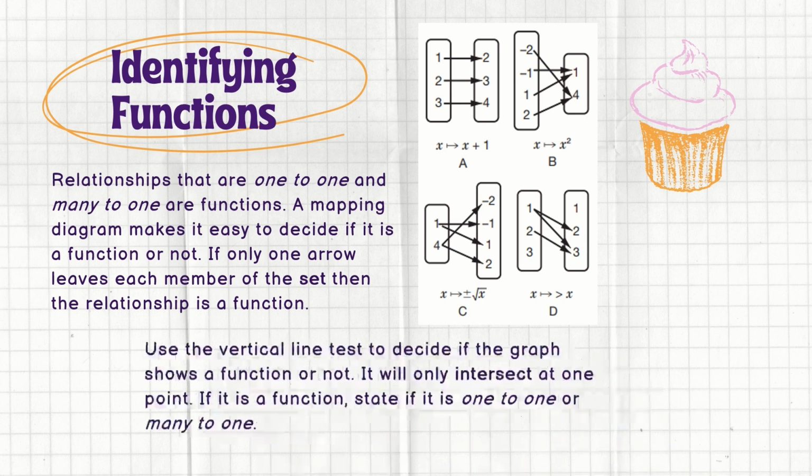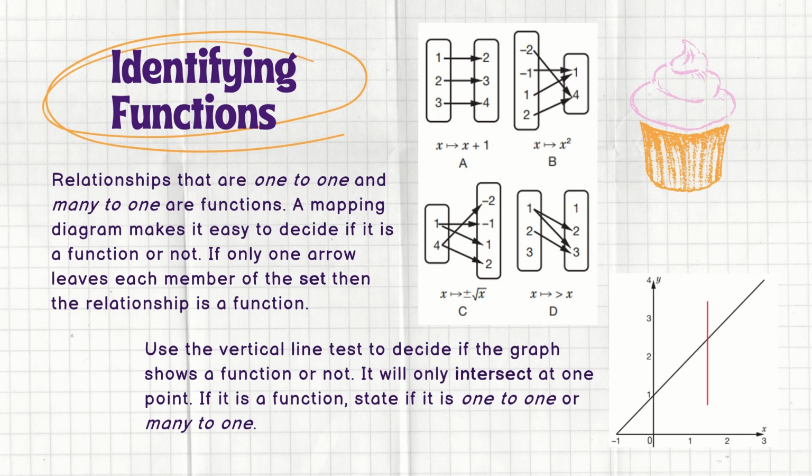We can also use the vertical line test to decide if the graph shows a function or not. It will only intersect at one point. If it is a function, state if it is one-to-one or many-to-one. For example, look at this graph.